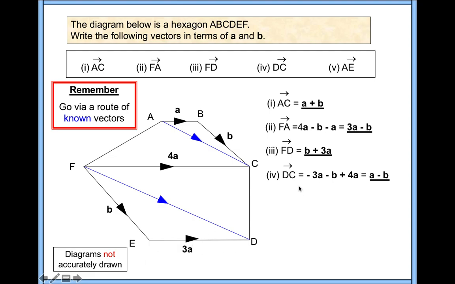And vector EF, with reference to vector FE, is negative B. Plus vector FC, plus 4A. So vector DC is going to be vector DE plus vector EF plus vector FC.